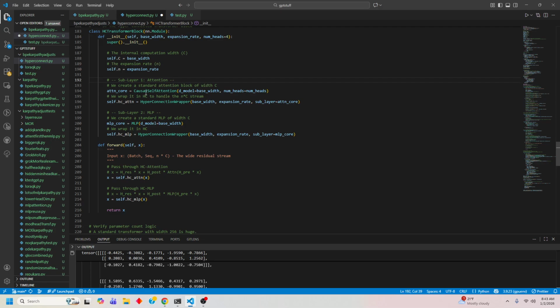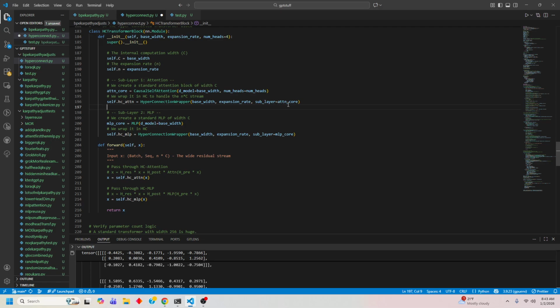You set that as the attention core, and then you have the hyperconnection wrapper, which you will put this attention core into. This hyperconnection wrapper takes that base width, C, that expansion rate, N. So you could do self.c, self.n for these as well.